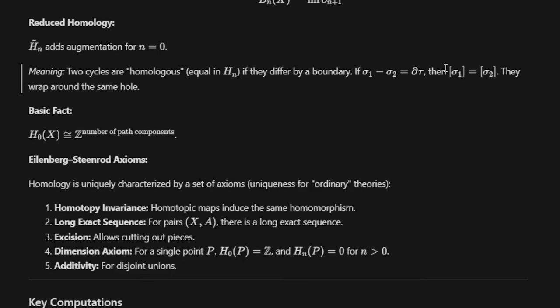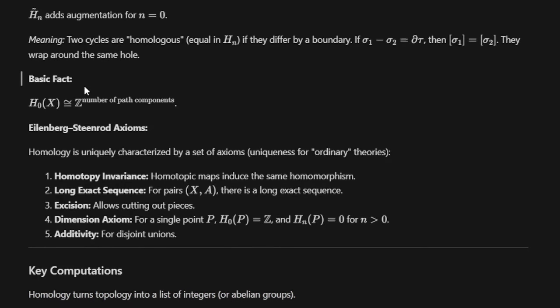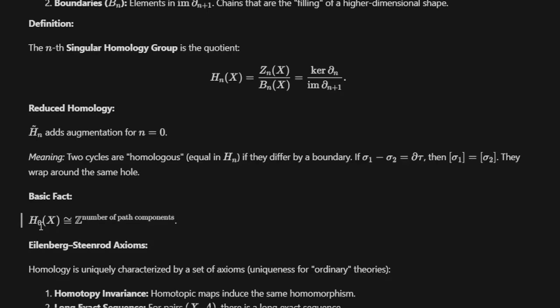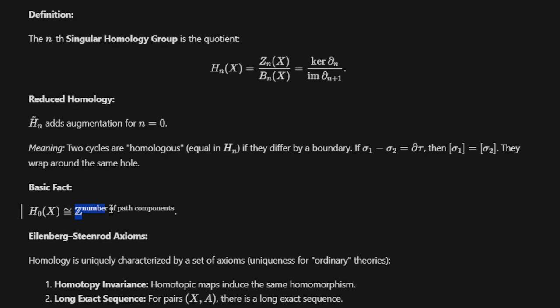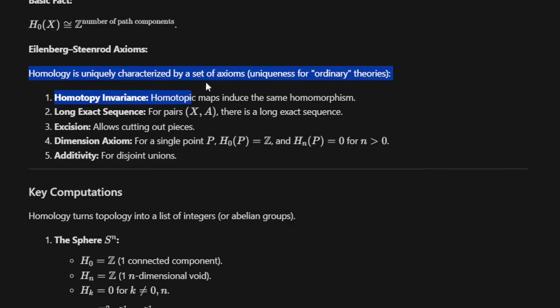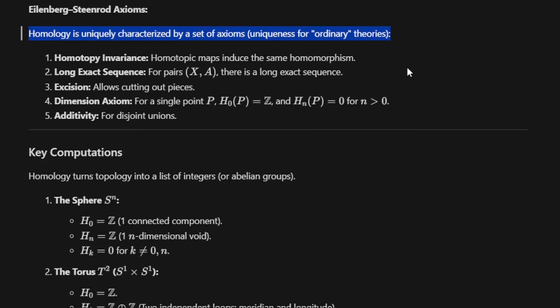Now, and again, these are intervals, right? So a basic fact also that we can look at is the 0th singular homology group is isomorphic to the integers to the number of path components. So that's another thing we can use. As well, homology is uniquely characterized by a set of axioms, or uniqueness for ordinary theories. So homotopy invariance, homotopic maps induce the same homomorphisms, long exact sequences. So for pairs X and A, there's a long exact sequence.